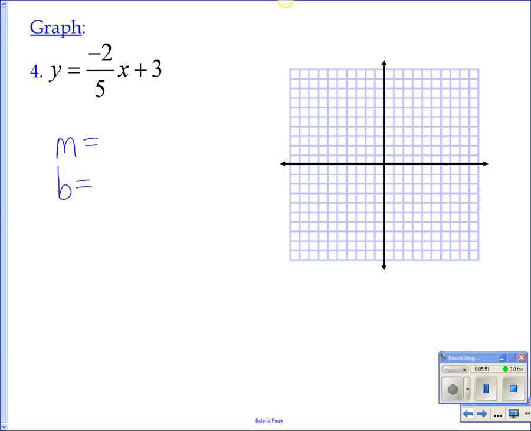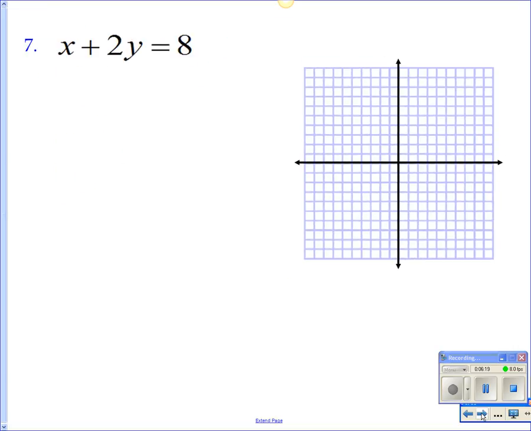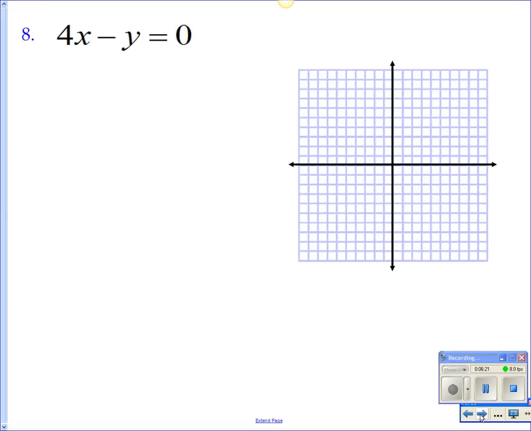Chuck, which one is our M? -2/5. -2/5 is our M because it's with the X. Slope is always with the X.